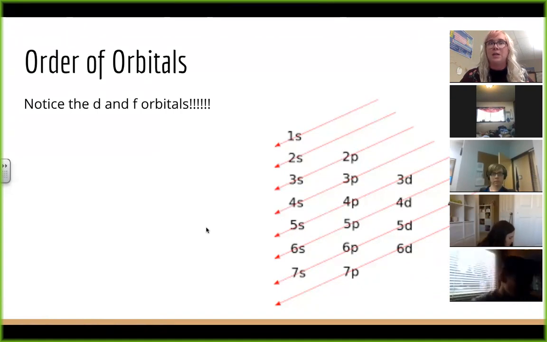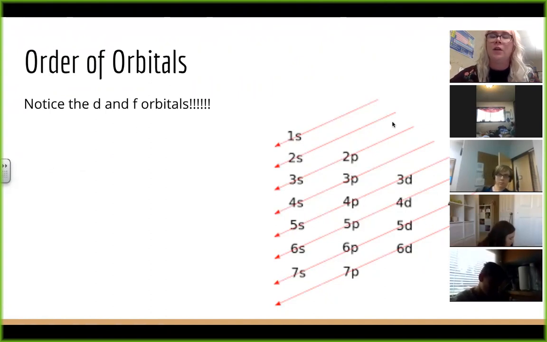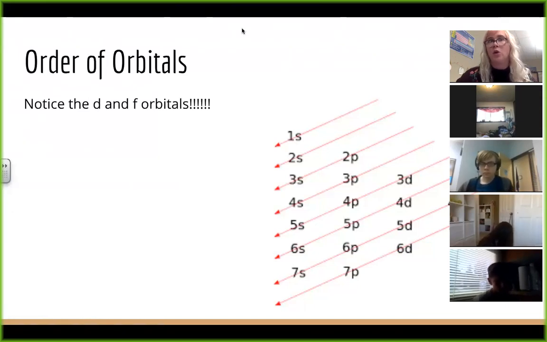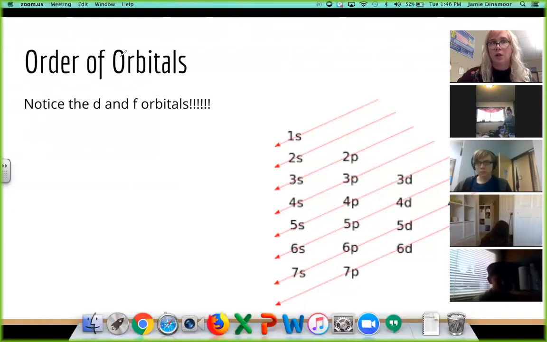It's going to have s, p, d, and f orbitals, many layers of them. So this is the order that the electrons fill the orbitals. The arrows are representing the order that they go. So first, electrons will fill 1s. 1 meaning how close it is to the nucleus, and s being the shape of the orbital. So we know from before that the s orbital can only hold 2 electrons.